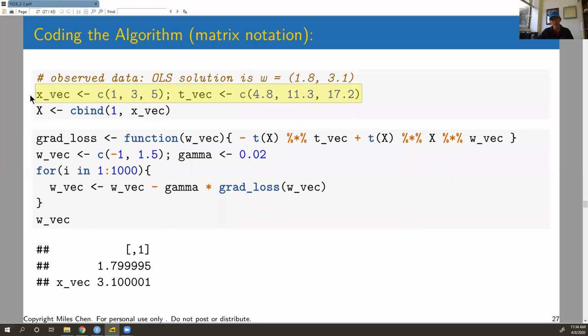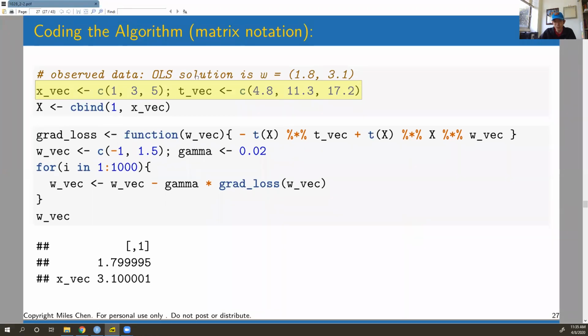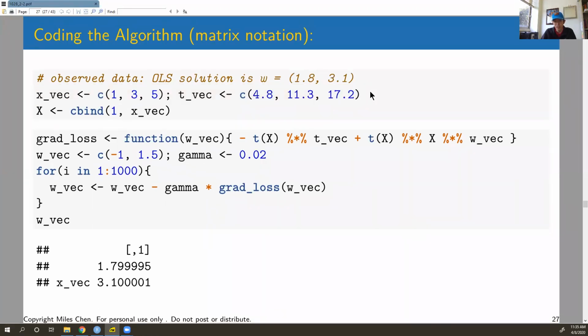I've got just a set of 3 data points: 1, 3, 5, with outputs 4.8, 11.3, 17.2. And the true solution for ordinary least squares regression here is going to be an intercept of 1.8 and a slope of 3.1.